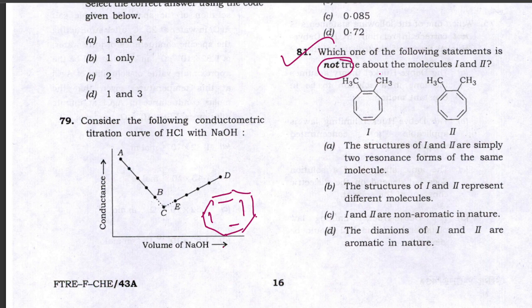If the molecule is planar and the pi orbitals are in conjugation, it will attain a 4n pi electronic structure, which is anti-bonding as per Huckel. Anti-bonding is destabilizing in nature.